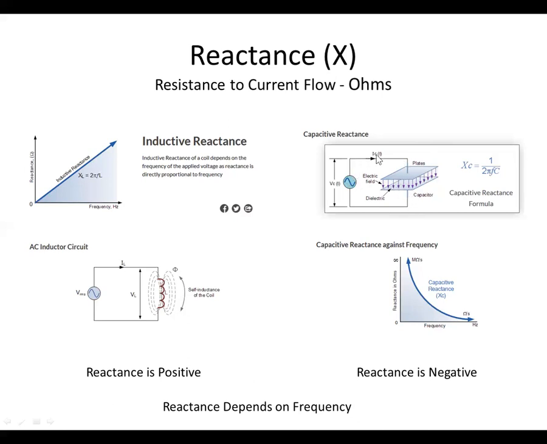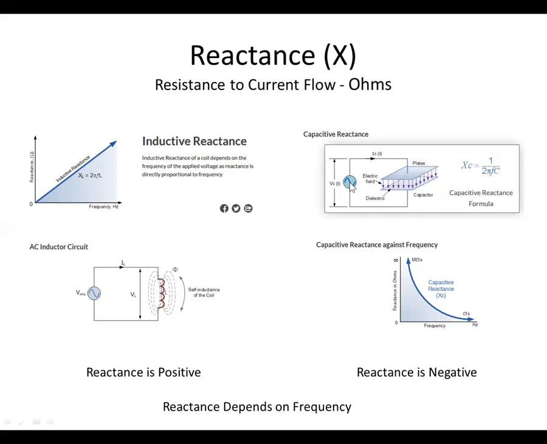There will be current flow initially, but it'll decrease as the voltage increases until it reaches the source voltage, and then there'll be no more current flow. So at DC, you get transient current flow, but not stable current flow. It'll charge up and just stay charged, and no more current flows. So it would be a very high resistance to current flow at a very low frequency.